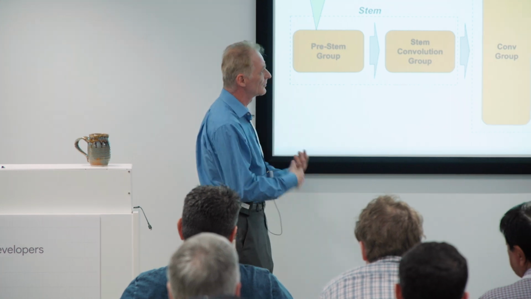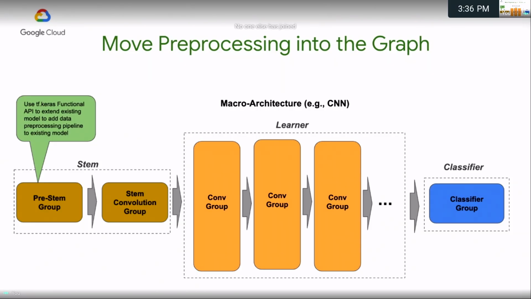And then there's a sequence of convolutional groups, and then finally a classifier, and that's our macro architecture. And inside of these, how they're implemented, that's what we call the micro architecture. What we're finding today in modern stems is that some of them now have a pre-stem. And that's what we're going to talk about.